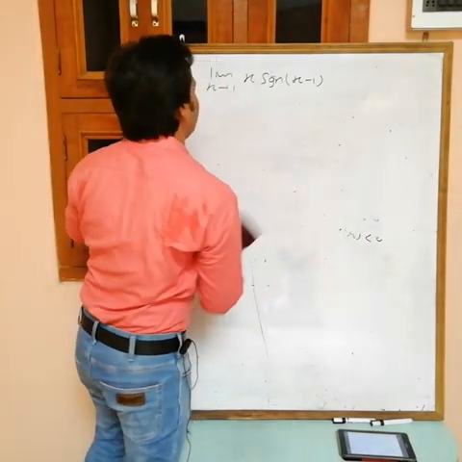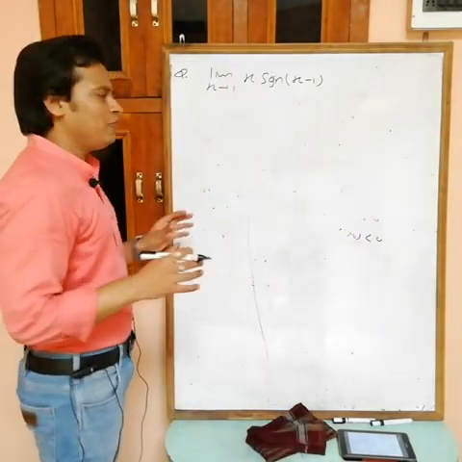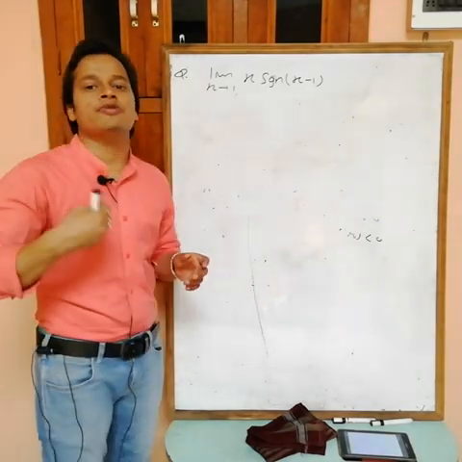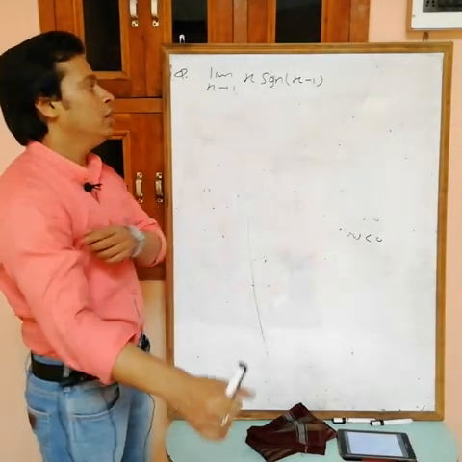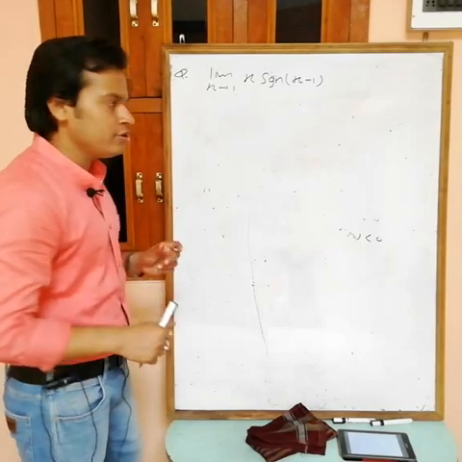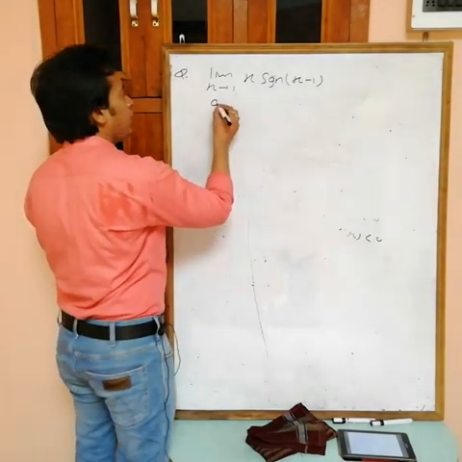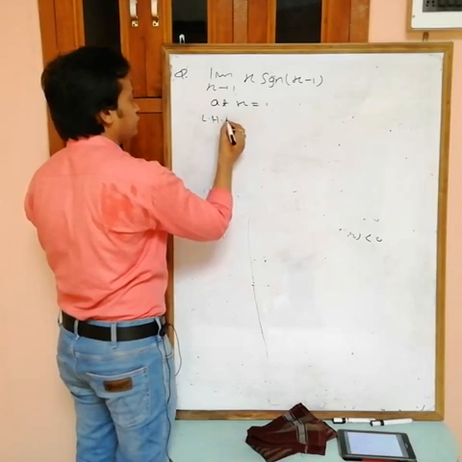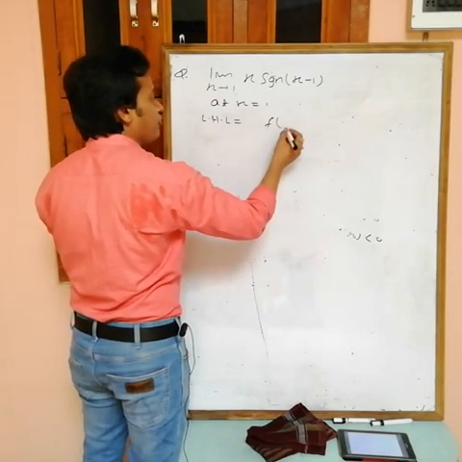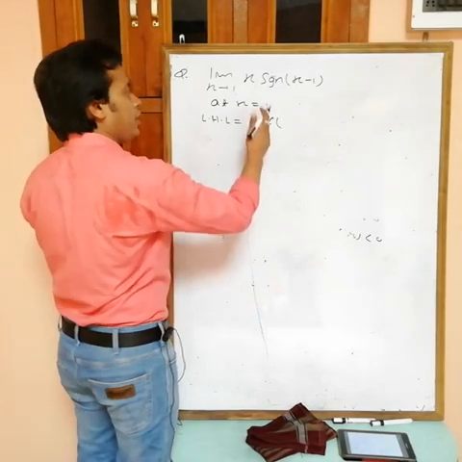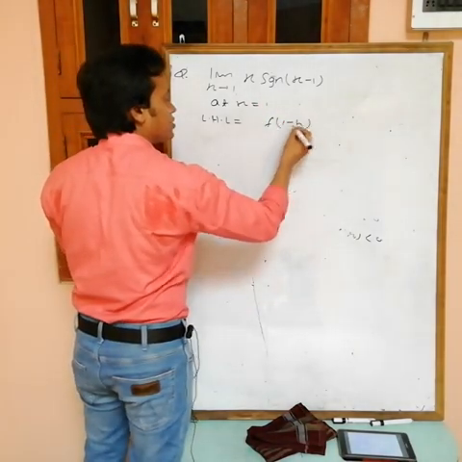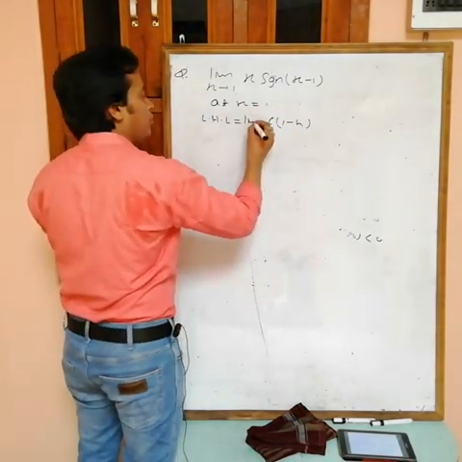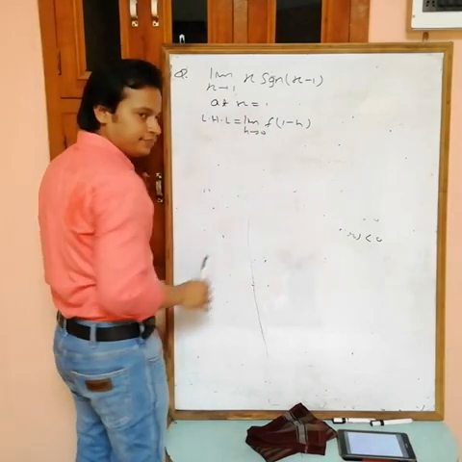Now see, what do you want? The limit of this function at x equals 1. Simple, find LHL and RHL. If LHL equals RHL equals a finite value, then I can say that the limit exists, otherwise it does not exist. So at x equal to 1, LHL is the value of the function at a minus h. A is 1, so 1 minus h. Put limit h tending to 0.